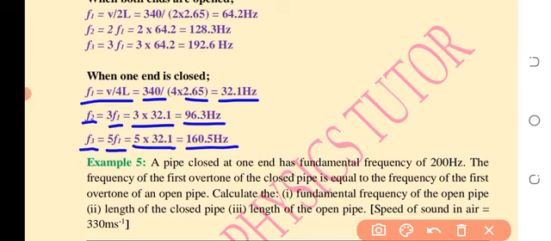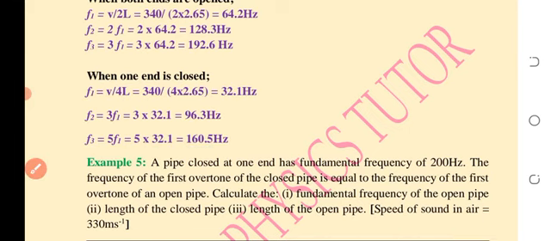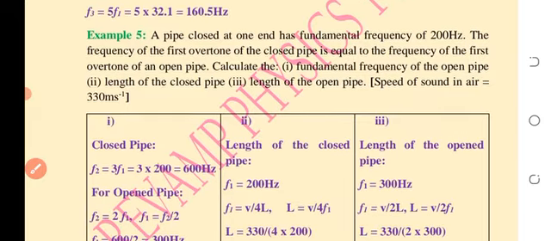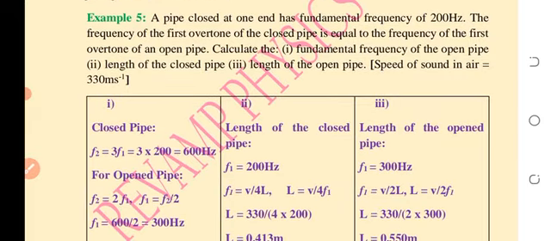Okay, let's look at maybe one more question before we call it a day here. This question is a past question, 2018 WAEC, question number 10. The question says, a pipe closed at one end has a fundamental frequency of 200 Hz.